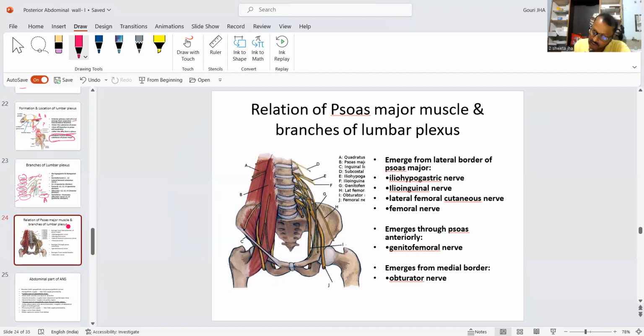So first we have to identify the psoas major muscle, and what we have come to know is that to identify the lumbar plexus, we have to cut the psoas major muscle, as it is lying within the substance of the psoas major muscle.